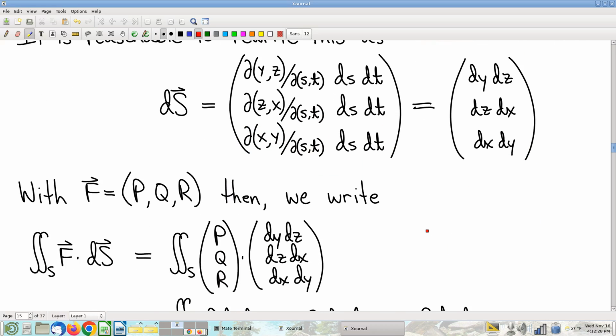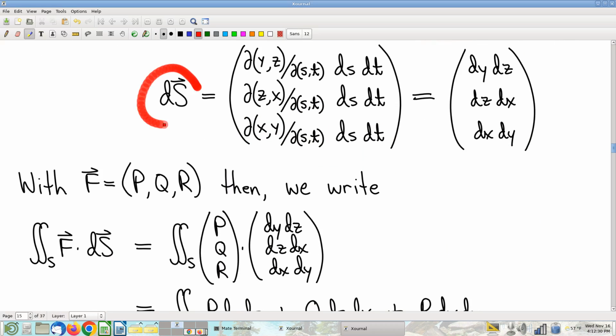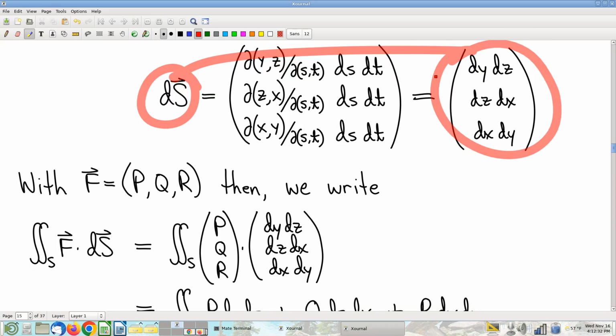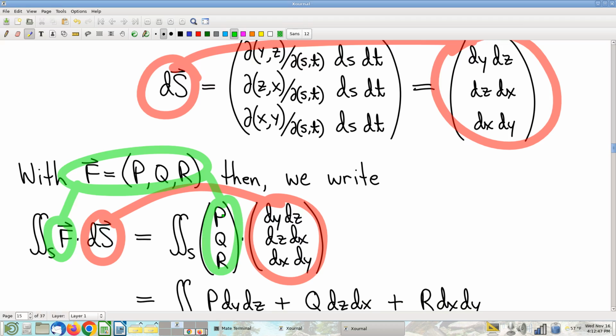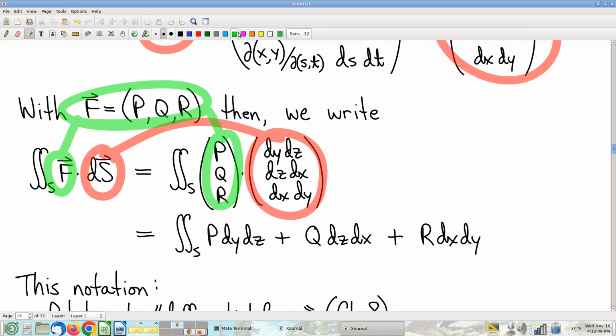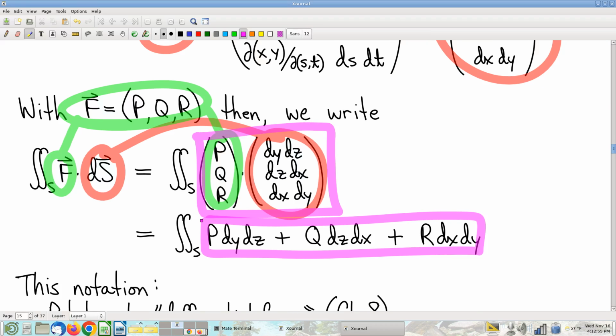Okay, so punchline then. ds. We've got a coordinate notation for ds, which I just stick right into our formula for flux integrals. And don't forget our vector fields have coordinates. Let's say again that they're P, Q, R. And then just analogous to what we did when we were doing coordinate line integrals, you dot this out and you get that.